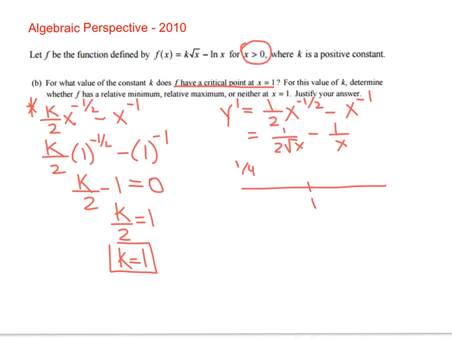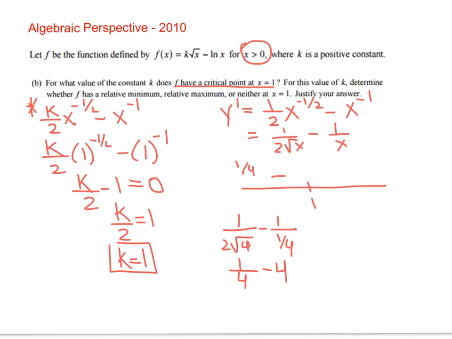So I should just work this out. So it's 1 over 2 square root of 1/4, there we go, minus 1 over x, and x is 1/4, right, you guys? So I get 1 over, radical 1/4 is 1/2, times 2 is 1, and when I take the reciprocal of 1/4, I get 4. So 1 minus 4 is definitely a negative value.